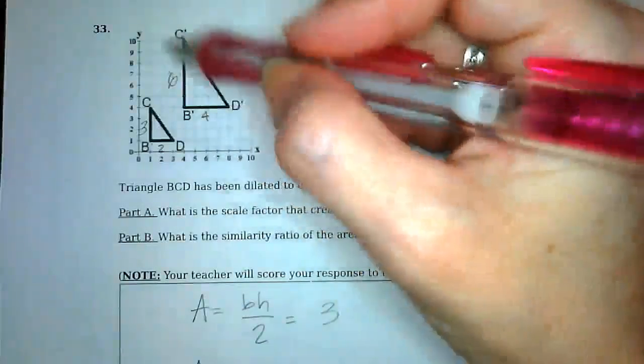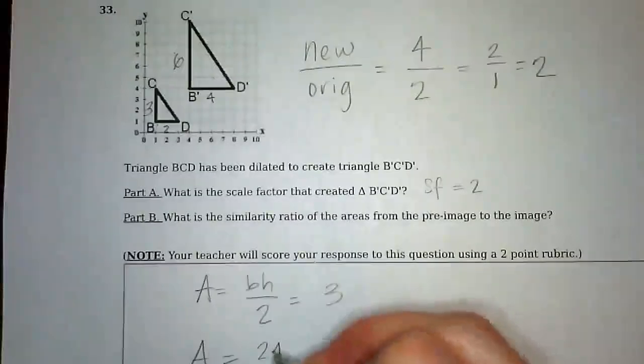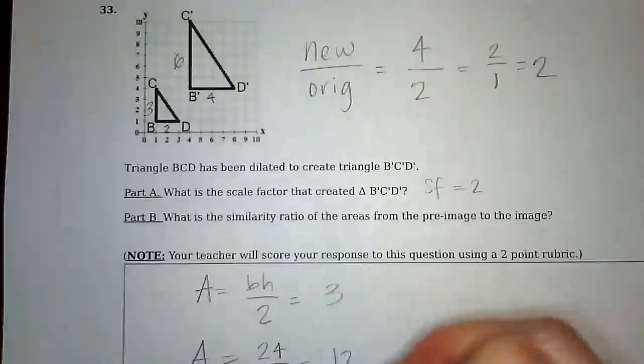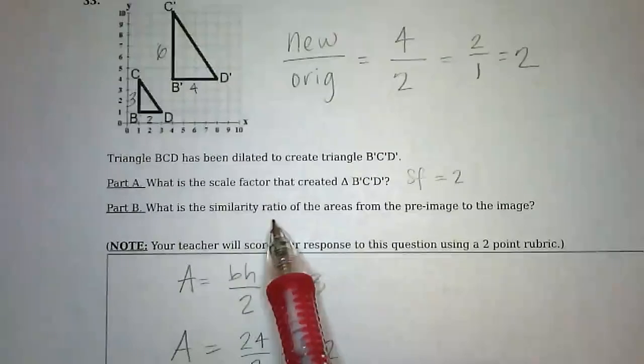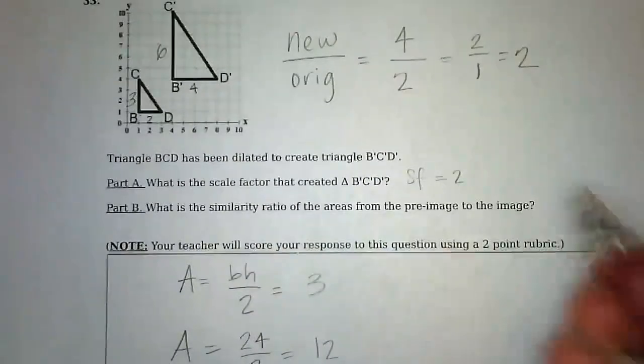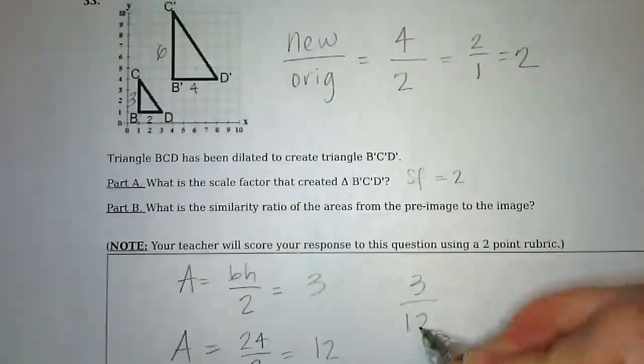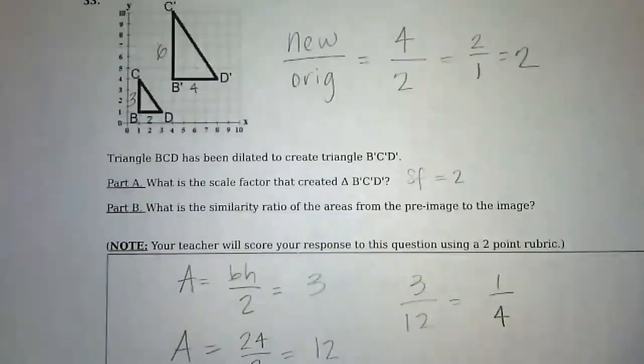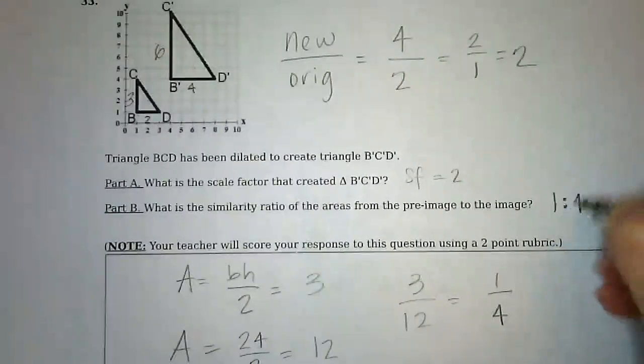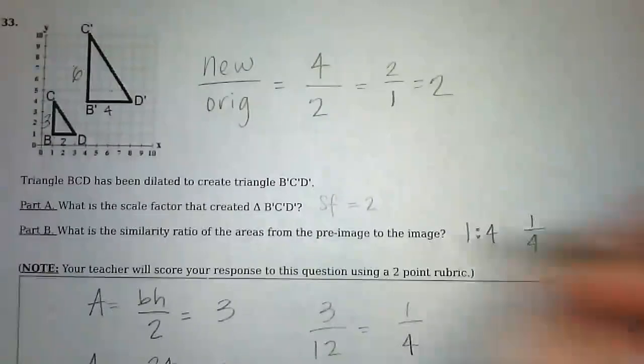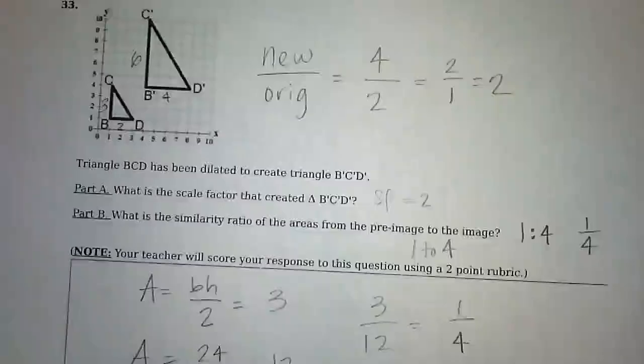For the large triangle, base times height would be 24, divided by 2 would be 12. If we write a ratio from the pre-image to the image, that would be 3 over 12, which we would reduce to 1 over 4. So we can write it like that, or like that, or like that.